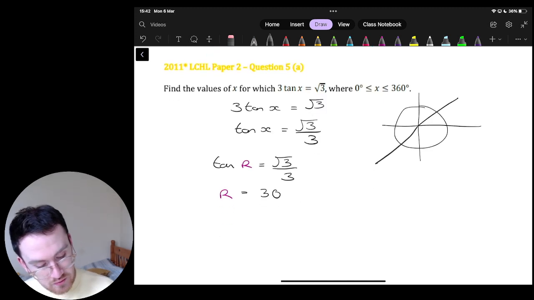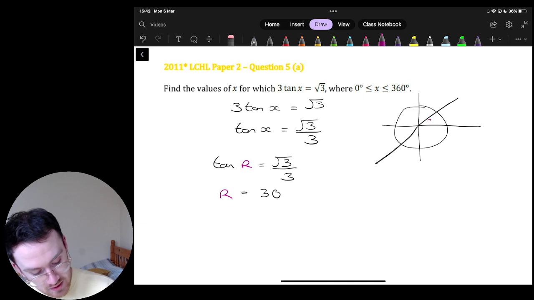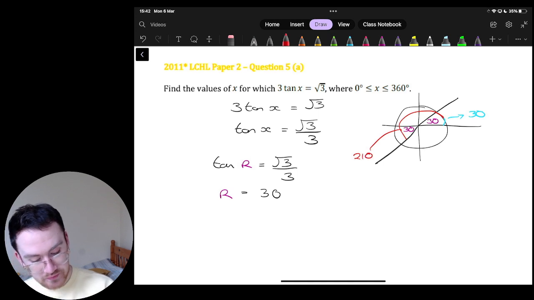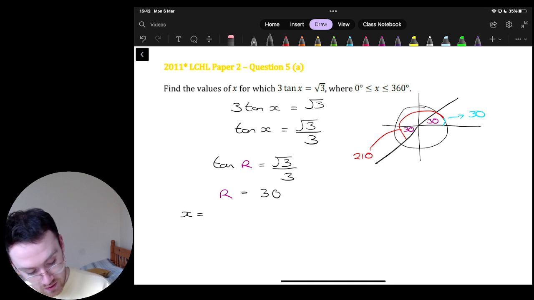If we include this in our little diagram, 30 degrees here, 30 degrees here, this angle is 30, this angle is 210. So my two answers for x are 30 and 210.